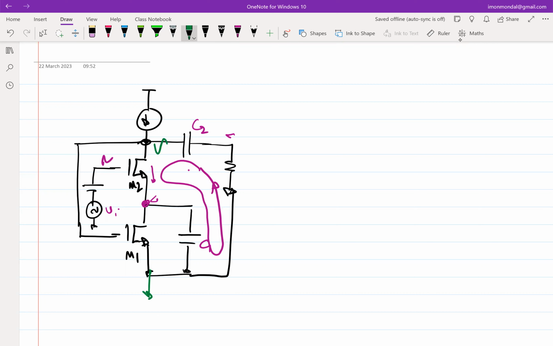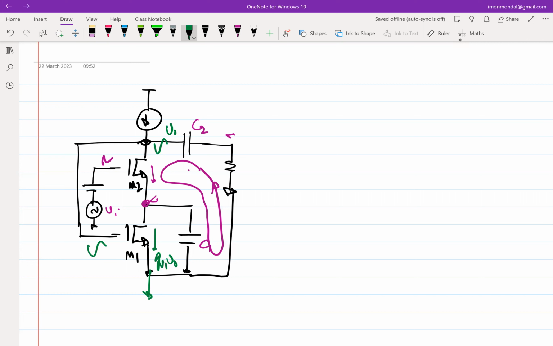Since this node moves, this node moves. These are the same nodes. So what will happen? A corresponding current, if I assume this to be V naught, regardless of the direction, let's say gm1 times V naught, will get induced in M1.